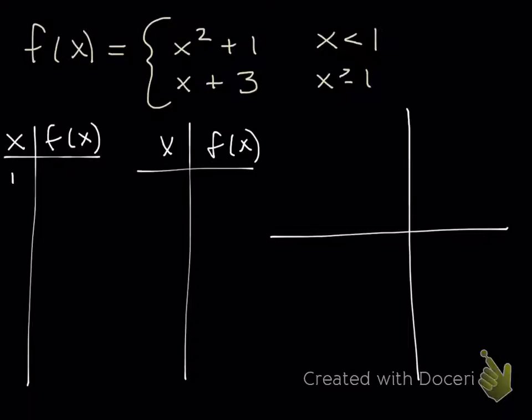But I'm going to use the value of 1 because I need to know where my open dot needs to go. So I have 1, 0, -1, -2. For the other t-chart, again, I'm going to start with 1 and I need to grow. For the top one, when I plug in 1, squared is 1 plus 1 is 2, and make a note that that's your open dot.